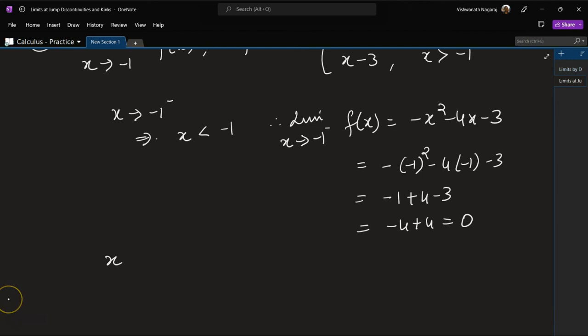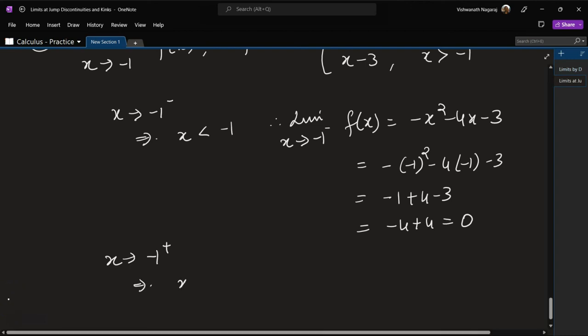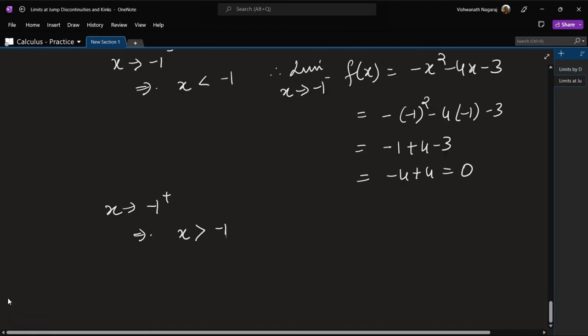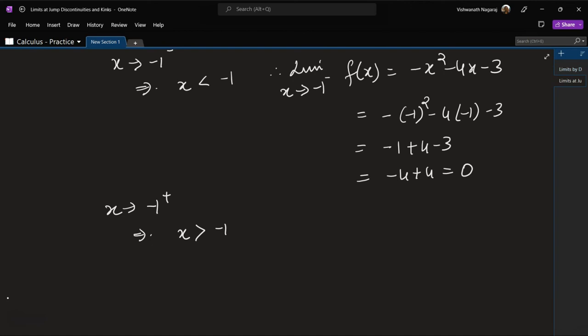Okay. Now x approaches minus 1 from the positive side, implies that x is greater than minus 1. Now in this case, it can't be equal to minus 1. So we have to take a value very close to it.